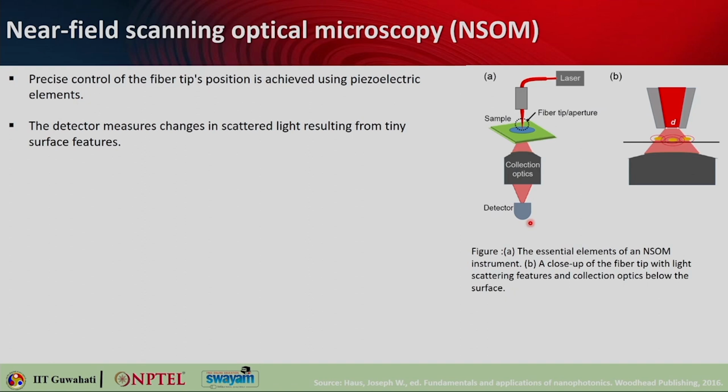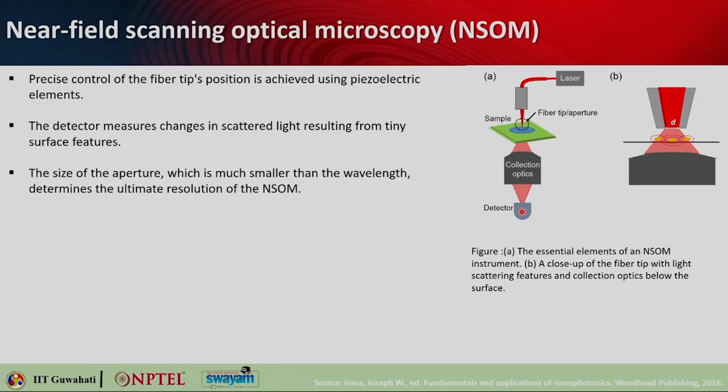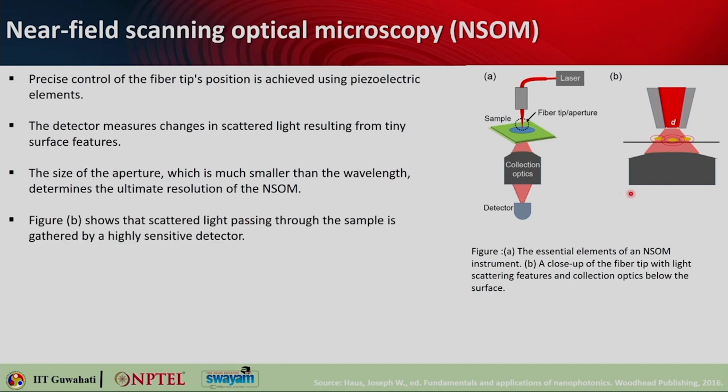If it is a plane surface, there will be less scattering, and that is how the amount of light being collected by the detector will change depending on the surface roughness. The size of the aperture, which is typically much smaller than the wavelength, determines the ultimate resolution of this NSOM. So, here you can see clearly what we are talking about, the scattered light.